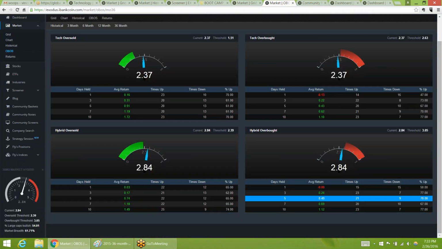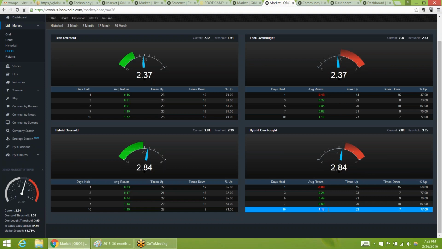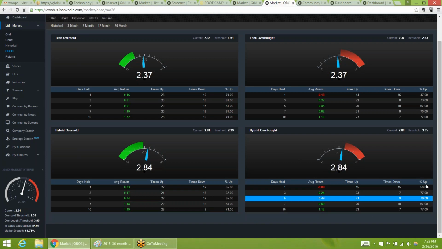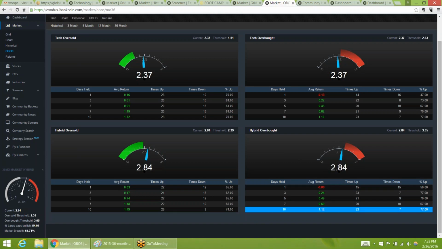So right now the average return going out 10 sessions is positive, and considering this is an overbought signal, we'd want to see this average return be negative. That's not the case yet, but as more signals start to come in, if the market begins to trend lower, you'll see the percentage up go way lower on these stats, and you'll see this start to perform much better.